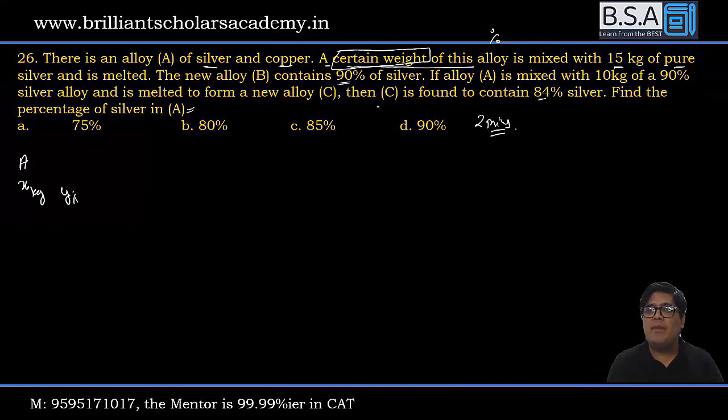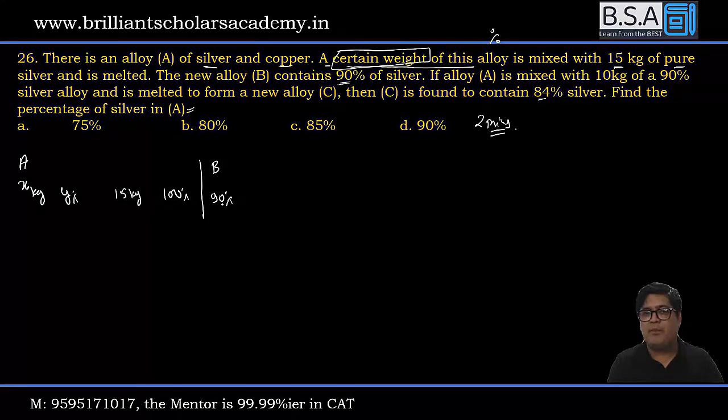What have you added in the first case? You have added 15 kilograms of what purity? 100% purity. What is formed from this? The alloy B is formed. It contains 90% silver. Let's pause and think. Do you remember I have told you earlier, when percentages are combined, we take an average.